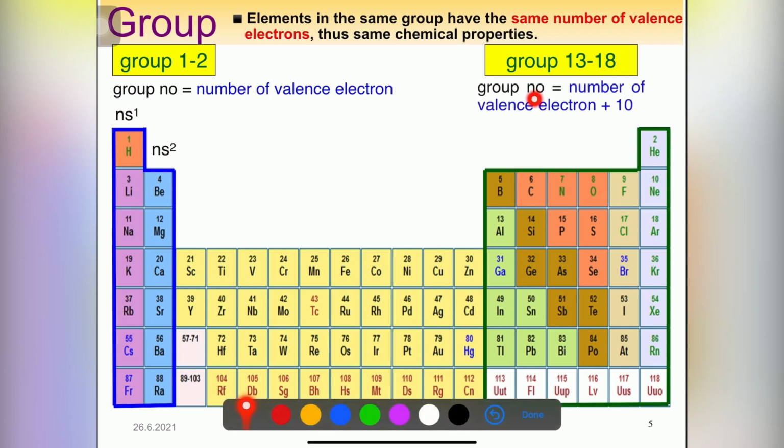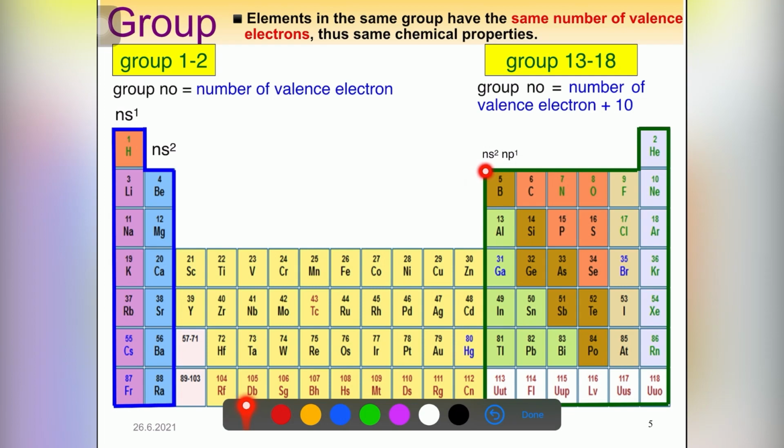For the group number, we refer to the number of valence electrons plus 10. For example, this is the electronic configuration for the valence electron of group 13. n is the principal quantum number.